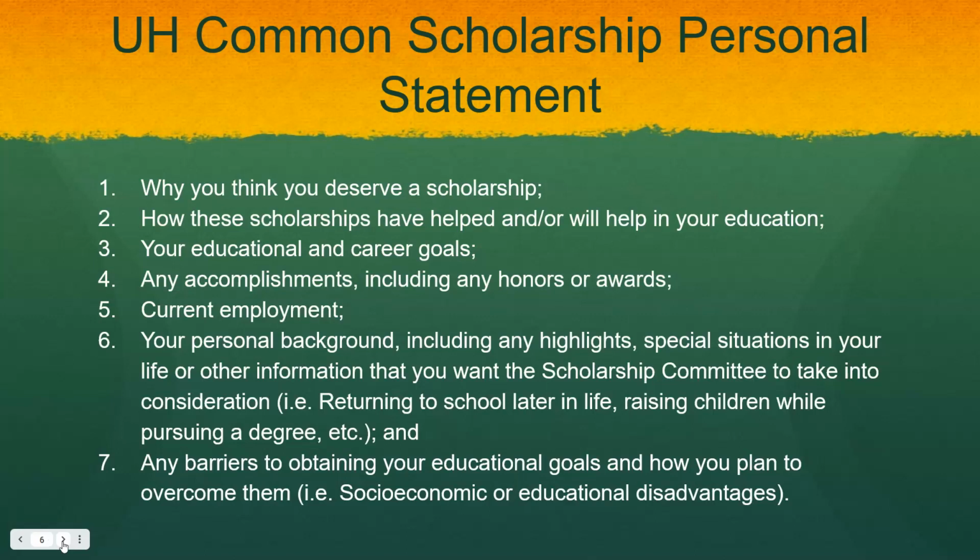Some examples specifically listed in number 6 related to personal background include returning to school later in life, raising children, and anything else that you feel is important for your readers to know about your personal background. And then number 7, any barriers to obtaining your educational goals and how you plan to overcome those. And specifically, socioeconomic or educational disadvantages are mentioned here. So again, you want to cover as many of these that are applicable to yourself as possible.